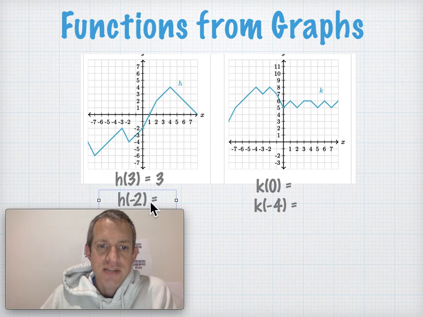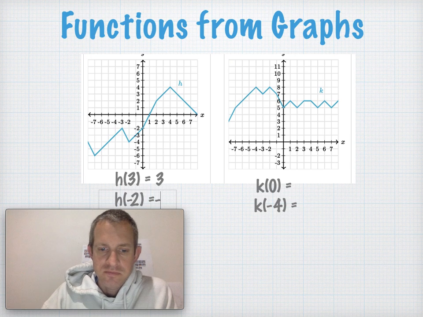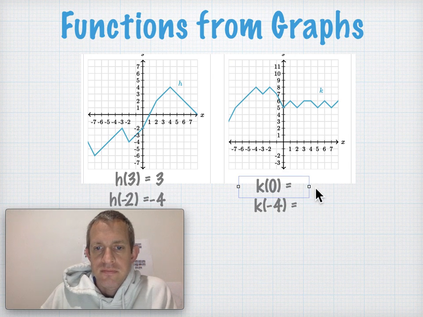In this question, h of negative 2 is saying what output do you get when you have an input of negative 2. Here's negative 2 as an x. If we go to its output, it looks like this graph is giving us a negative 4.